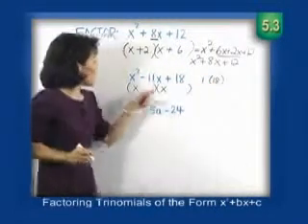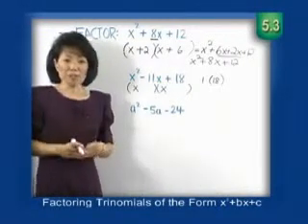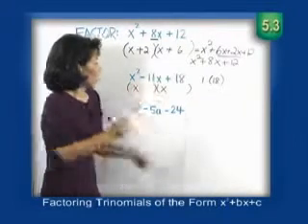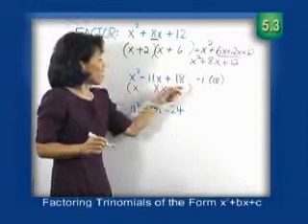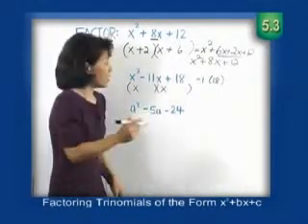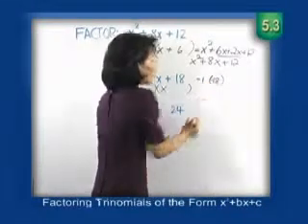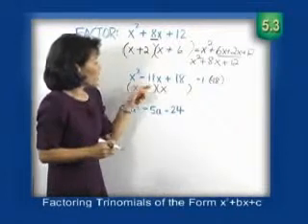Now, since we want to have a positive product but a negative sum, let's think about multiplying signed numbers. If one of these is negative, then I'll have a negative product. I don't want a negative product, I want a positive product. So if I make both of these negative, that's going to give me a positive product but a negative sum.